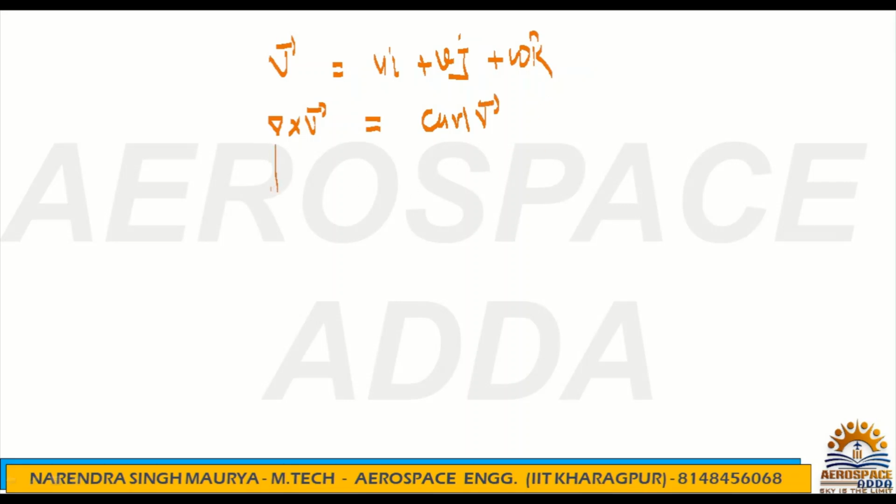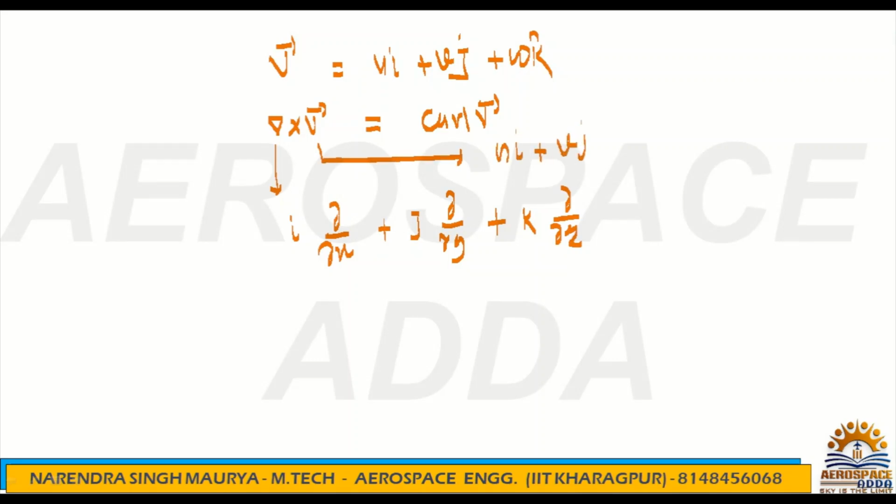So what is the meaning of curl v vector? The del operator value is nothing but i dou by dou x plus j dou by dou y plus k dou by dou z. What is the v vector that you know? It's ui plus vj plus wk.